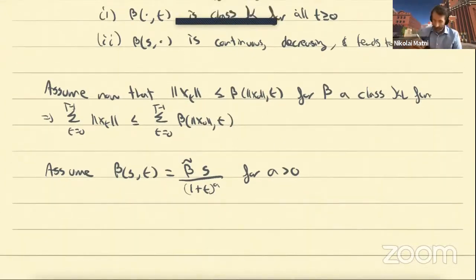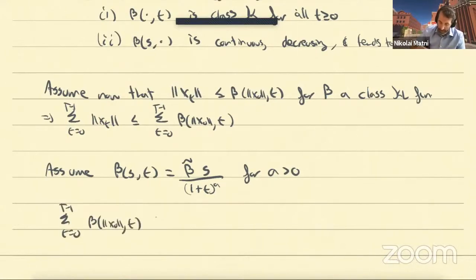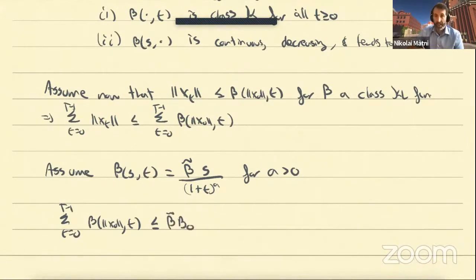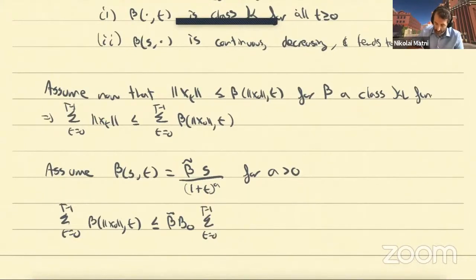So the thing to note is that if we take this expression up here, we can now upper bound that. This then becomes less than or equal to beta tilde b0, so that's the s, the norm of x0, so that's always less than b0 times the sum of t equals 0 to t minus 1 of 1 over 1 plus t to the a.